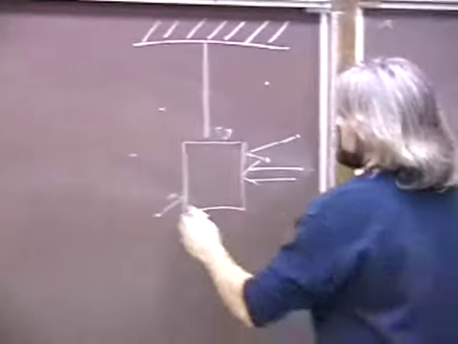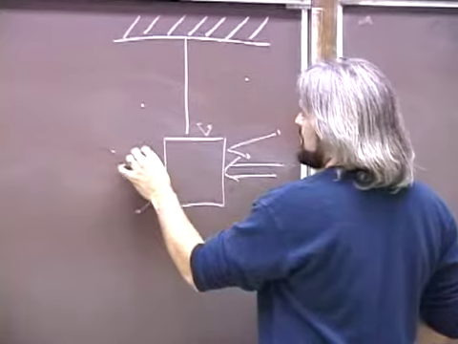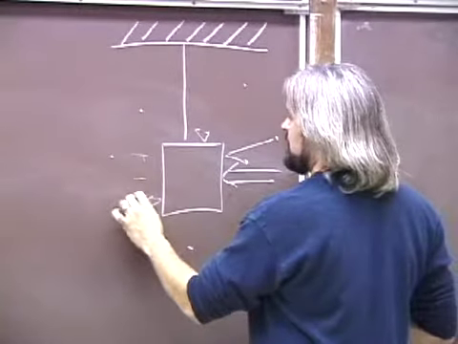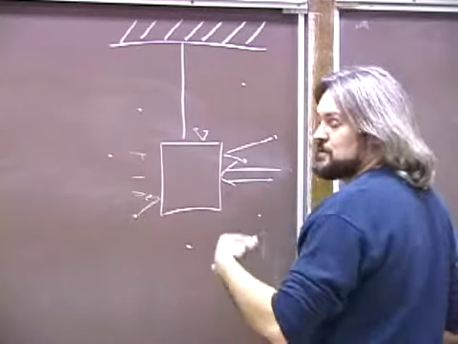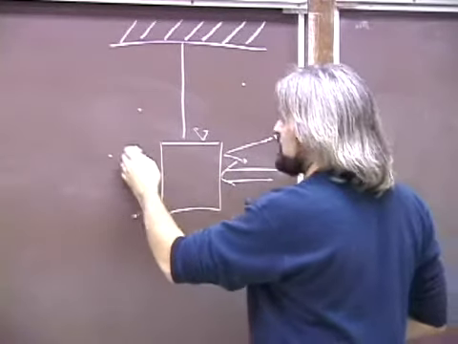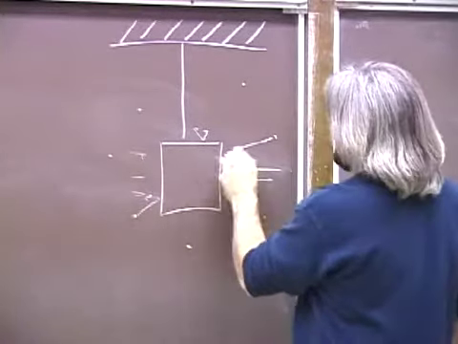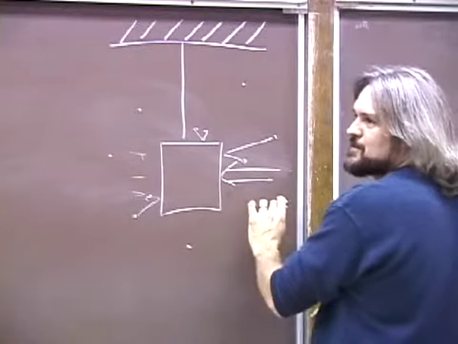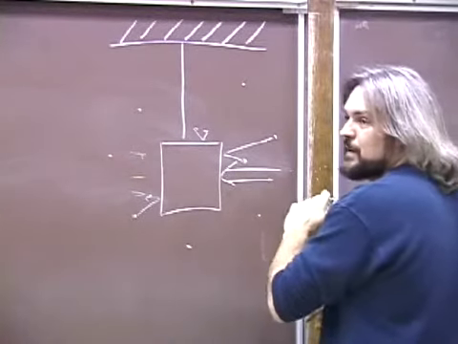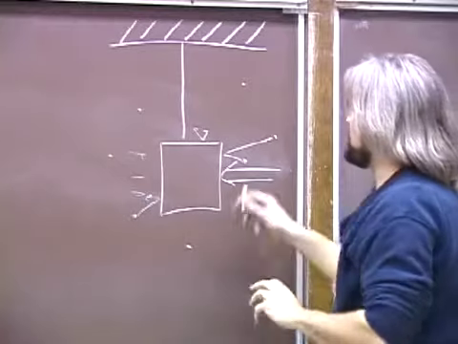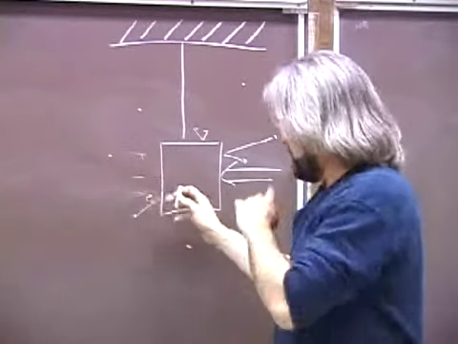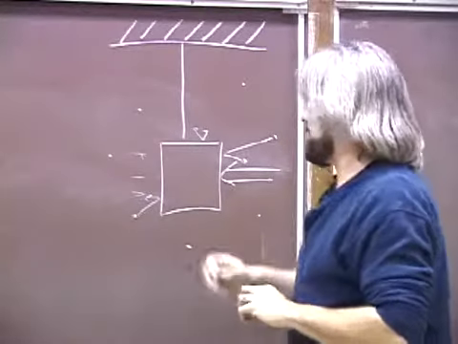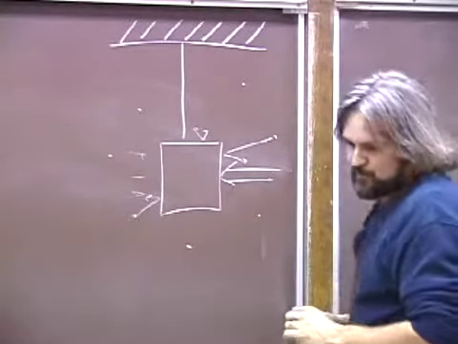It's easy to show this simply by taking the Maxwell distribution of gas atoms on one side and asking how much energy they impart to the mass or take away from the mass if the mass is swinging this way, and compare that to the Maxwell distribution of atoms hitting it from this direction and how much energy they take away from the mass. What you find is that if the mass is moving in this direction, these gas atoms are going to carry away a bit more energy than these gas atoms are going to add to it. And so you see a damping force.